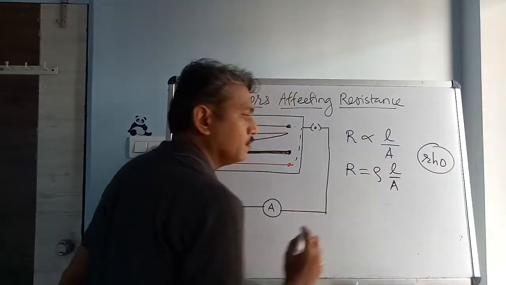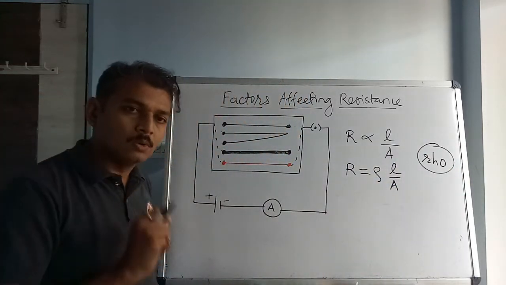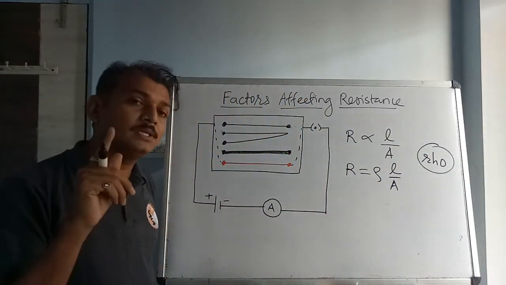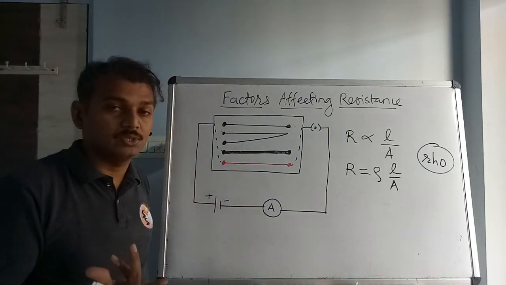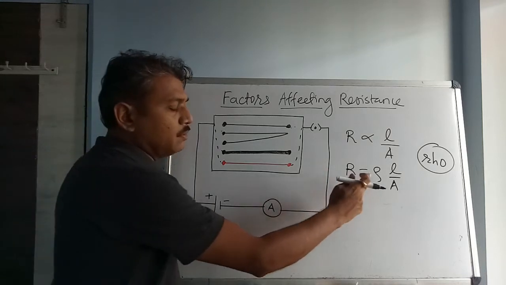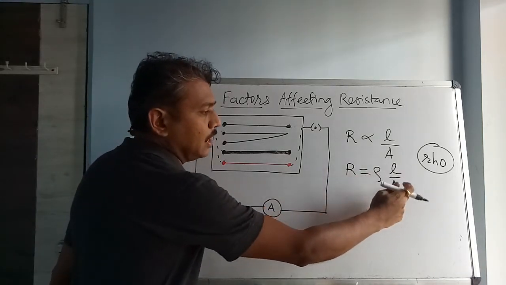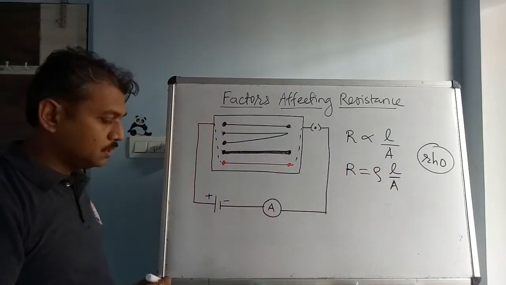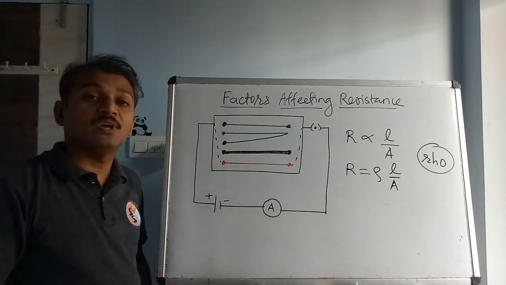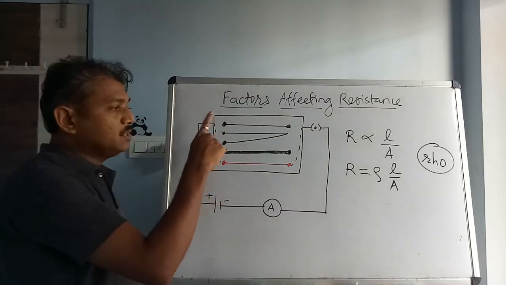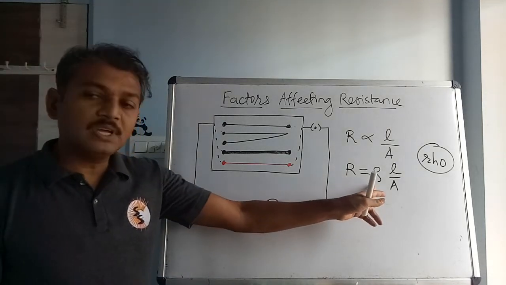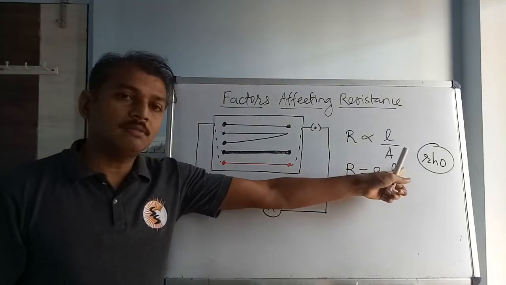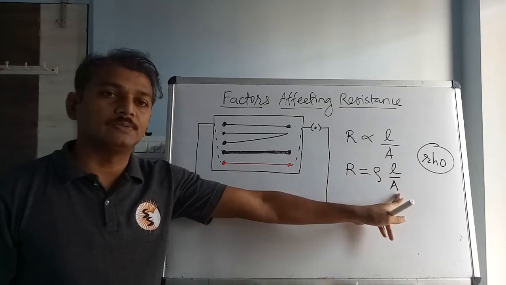This rho is the specific resistivity, as I told you in the fourth example where the material was changed. So R is equal to rho L upon A. This is the new equation which we have derived. So the factors are specific resistivity, length and area of cross section.